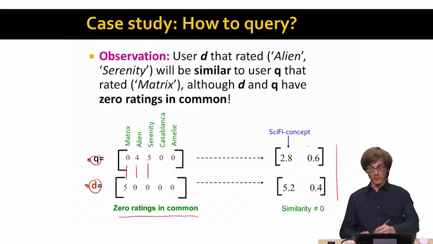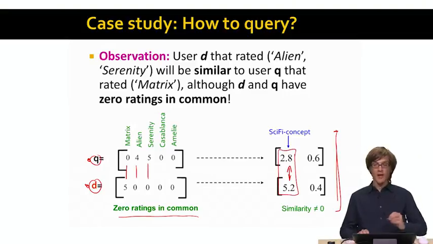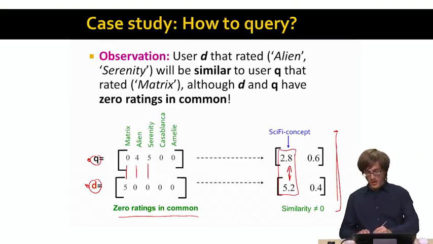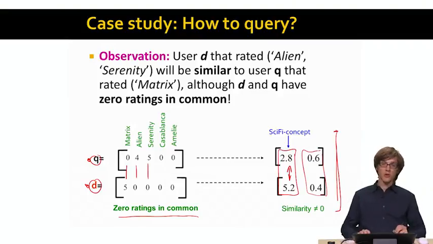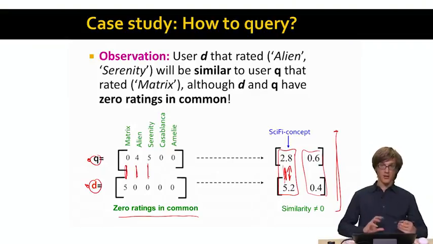But if I go back to my concept space, I see that both of these users, Q and D, share high values on the sci-fi concept, and they share low values on the romance concept. So I am able to put together that Q and D are actually close together in our space, even though in the raw data representation, they don't share any coordinates.